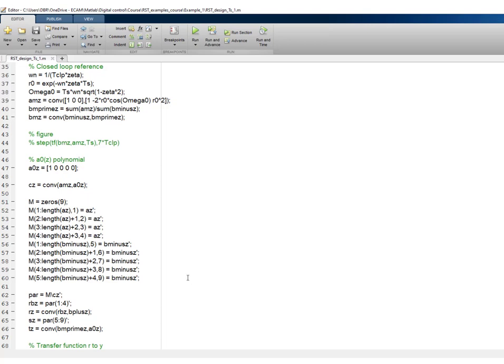the Sylvester matrix. So remember, the Diophantine equation that we have to solve here is A R bar plus B minus S is equal to AM A0, right?